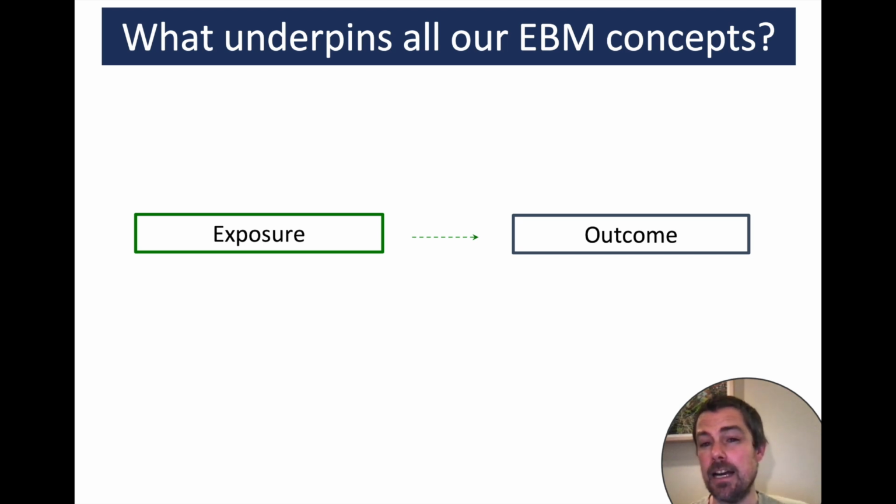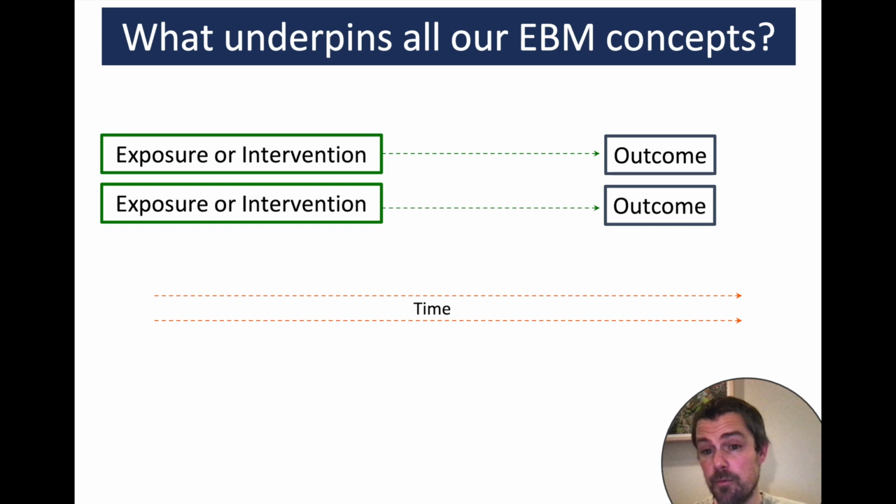To get a tiny bit more technical, there are often 2 groups, as always in science, and we want to compare how an exposure is associated with an outcome in one group compared to another, and see if there's a risk difference, and that might tell us something. An exposure or an intervention are often synonymous in EBM, and we'll get onto that when we talk about observational and experimental studies. And obviously this plays out over time. An exposure happens first and then an outcome happens later.